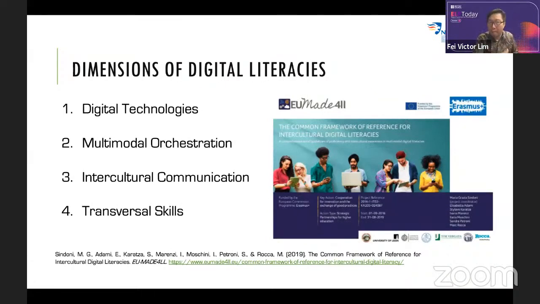And this is what we call multimodal literacy here. And there are other aspects such as intercultural communications and transversal skills. So things like critical thinking, soft skills in terms of resilience, that is part of the dimensions of digital literacies. But we want to focus on multimodal orchestration when we talk about multimodal literacy.